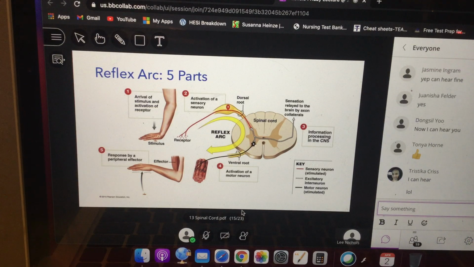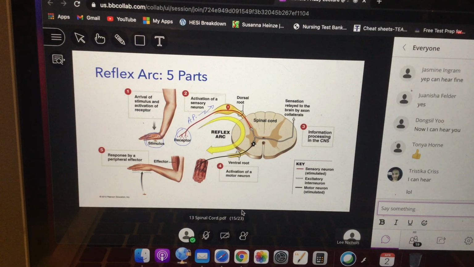The basic parts of the mechanism that involve the reflex arc: 5 basic parts. You got to have a stimulus, got to have a receptor, which is a neuron that turns that stimulus into an action potential and sends that action potential afferently toward the spinal cord.